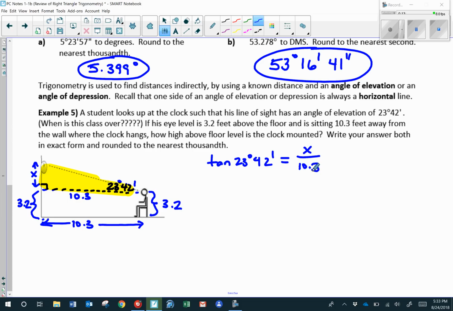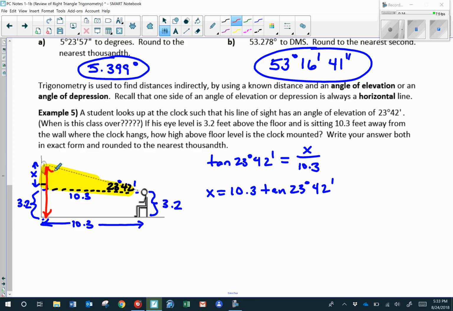Multiplying through by the denominator, we get X is equal to 10.3 times the tangent of 23 degrees and 42 minutes. That's not actually the answer to our problem. X is only part of the distance from the floor to the height of the clock. So in order to get the full distance, what we're looking for is this red line right here.